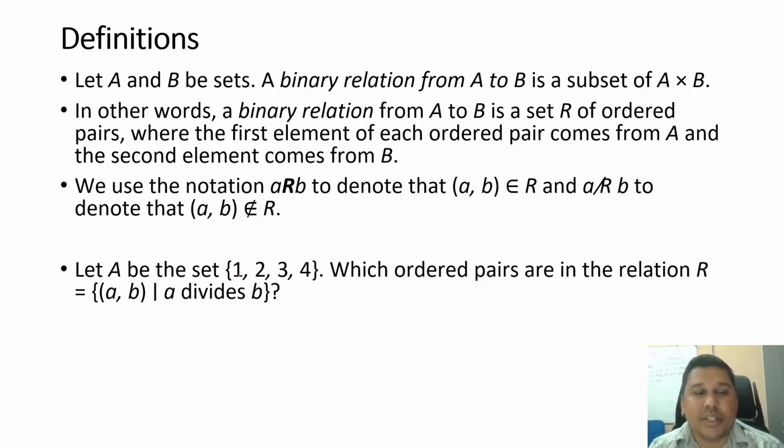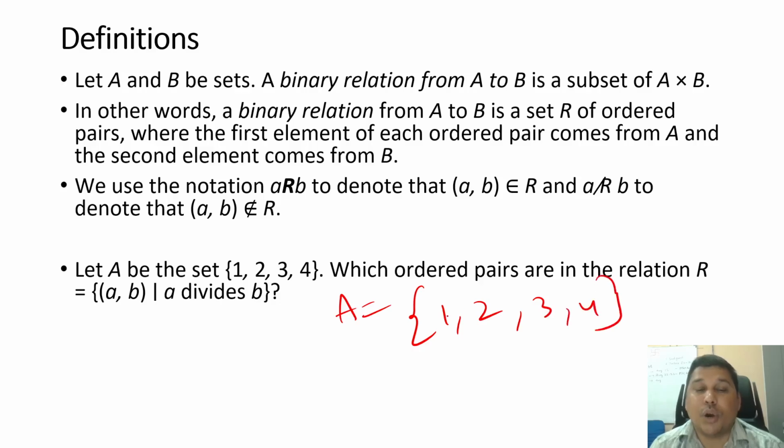So, let A be the set 1, 2, 3, 4. Which ordered pairs are in relation R? So, from this set A, 1, 2, 3, 4, we have to form ordered pairs. The condition is a divides b.